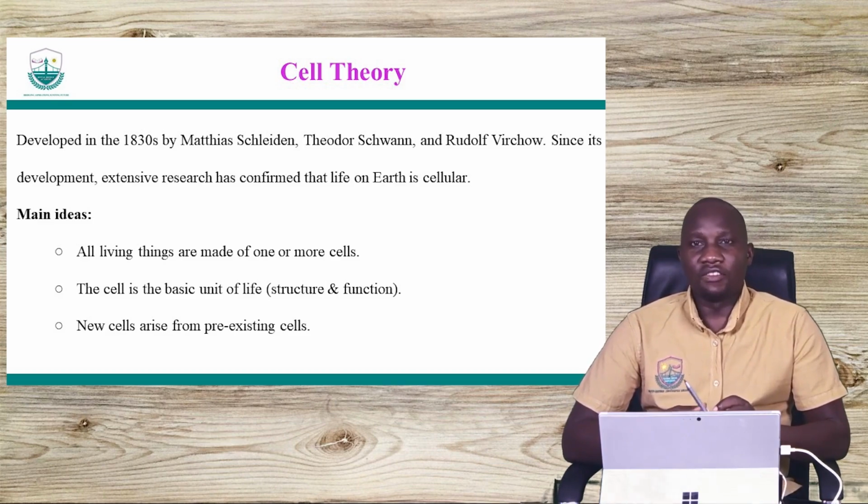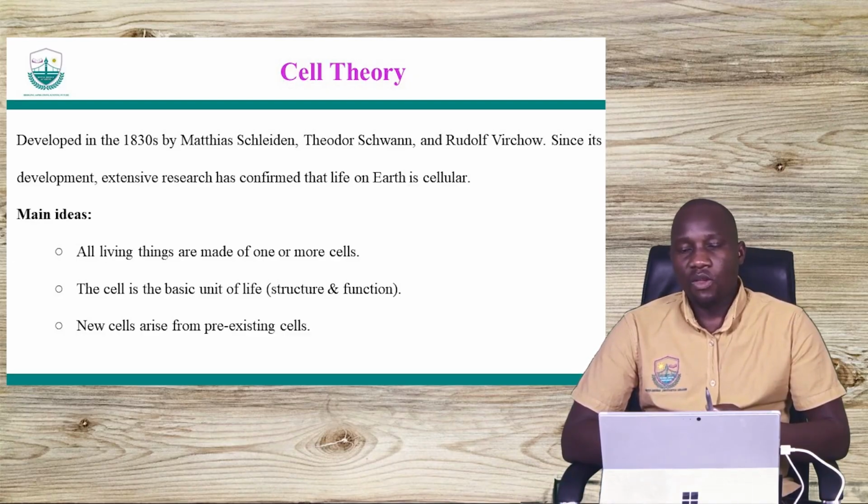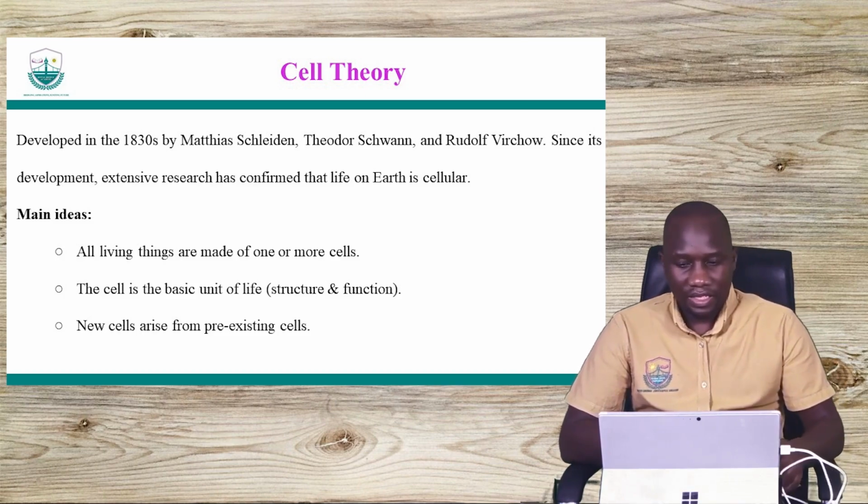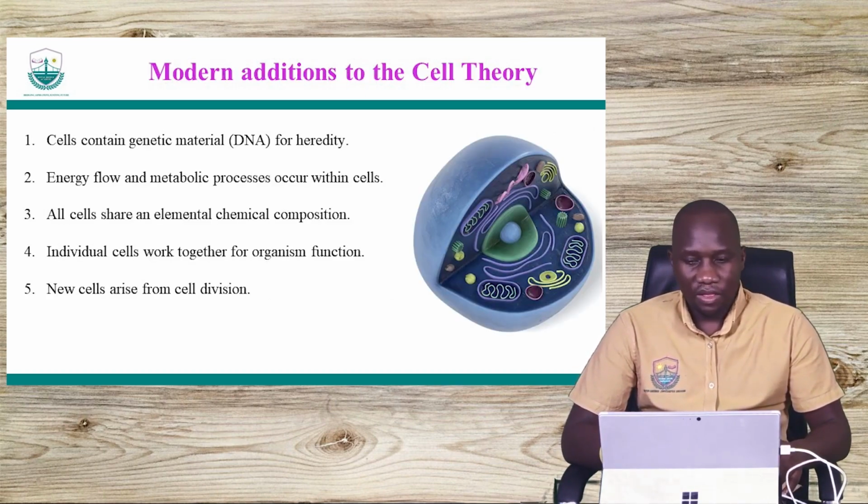Everything about life starts with the cell. And the third main point about the cell theory is that new cells arise from pre-existing cells. So the new cells don't drop from heaven, they come from other cells that are already existing. That's point number 3.